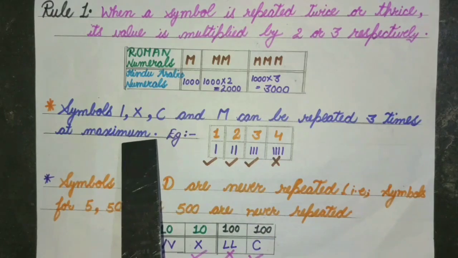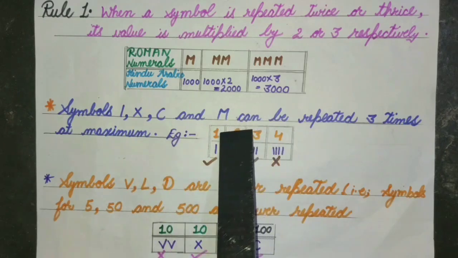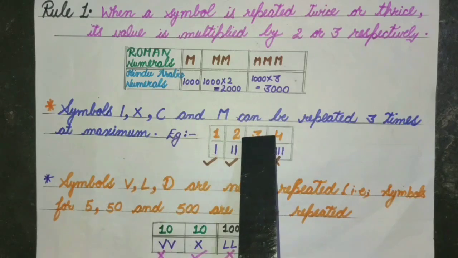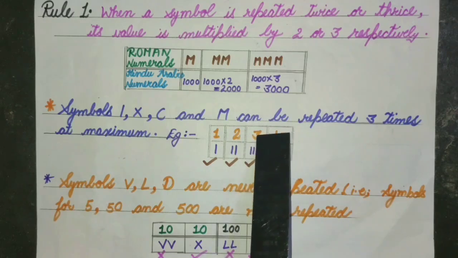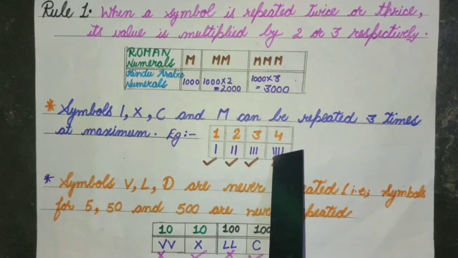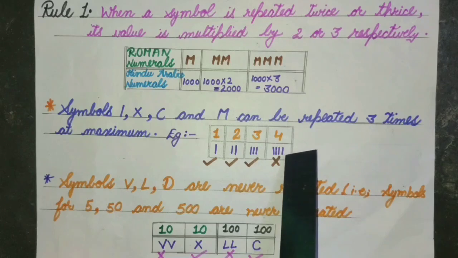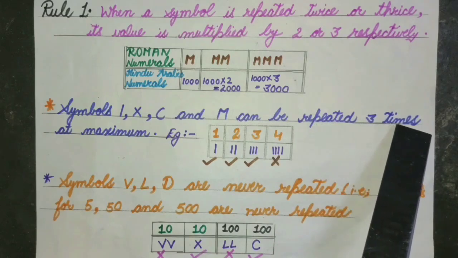It means they cannot be repeated more than 3 times. 1 is equal to I, 2 is equal to II, 3 is equal to III. 4 cannot be equal to IIII. Why? The reason is only this, that I cannot be repeated more than 3 times.